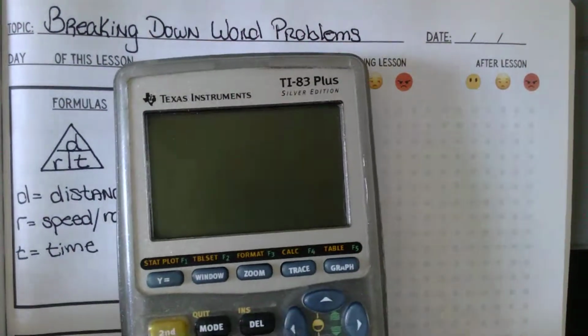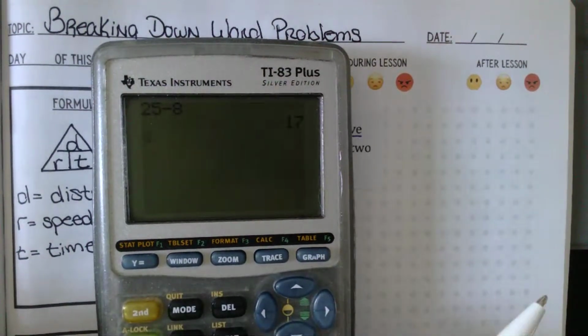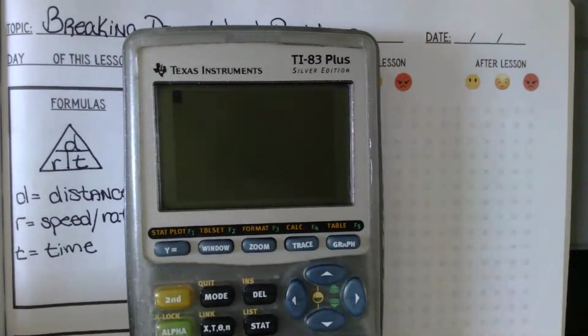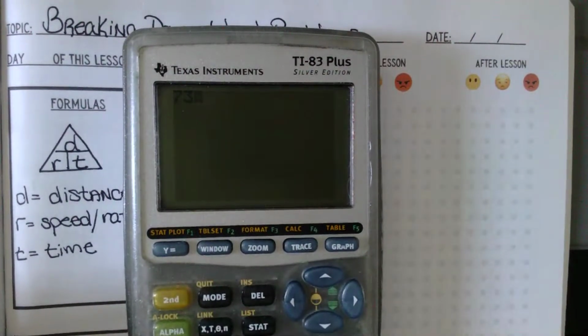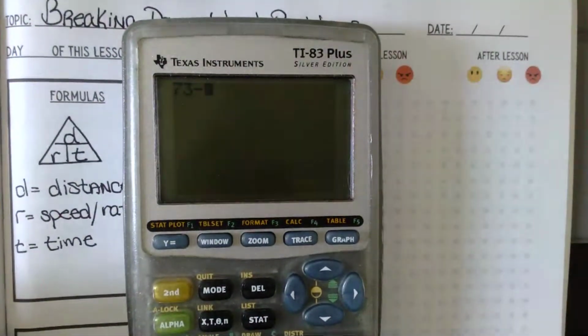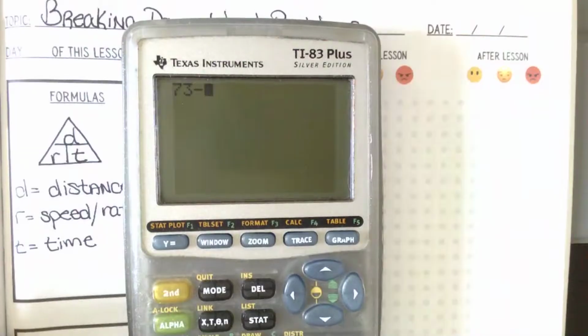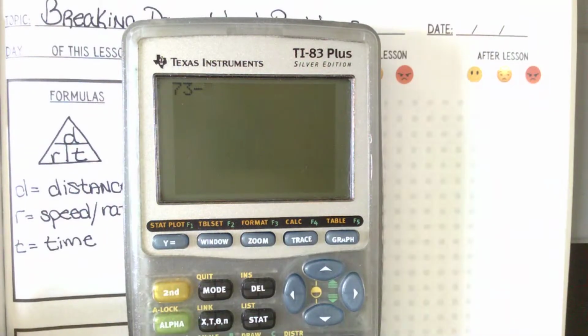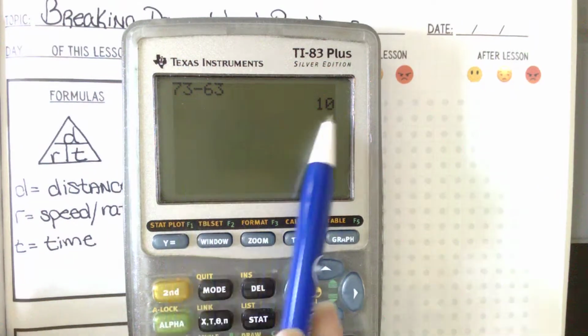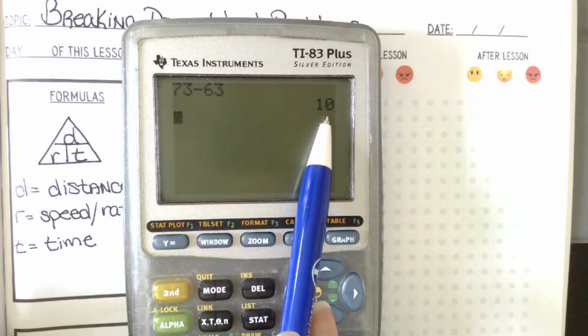If you are allowed to use a calculator, you can probably take that 73 and start guessing, right? So you say 73 minus, I don't know, 63. When I look at 63 and I look at 10, they're not consecutive. They're nowhere close.